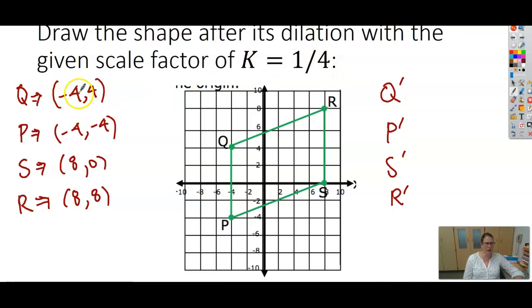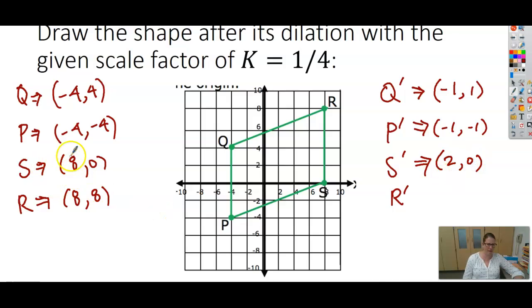So each of my x and y values need to be divided by 4. So Q prime is going to be -1, 1. That's -4 divided by 4 and 4 divided by 4. P prime is -1, -1. S prime is 2, 0. I'm just dividing each of them by 4. And R prime would be 2, 2.